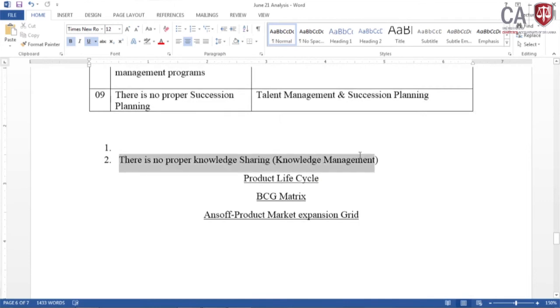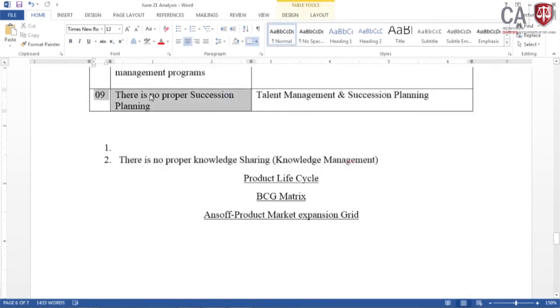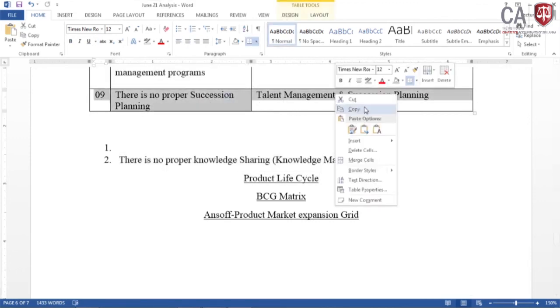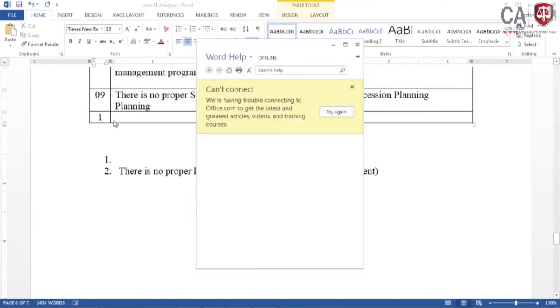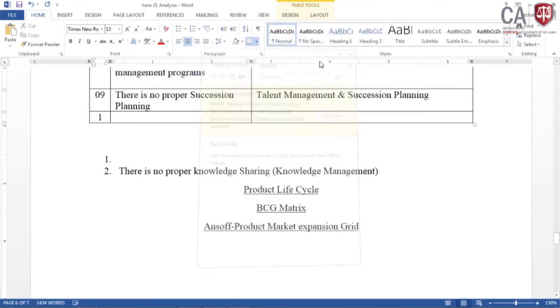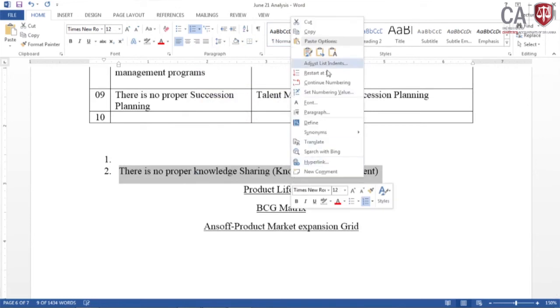Then there is no proper knowledge sharing.